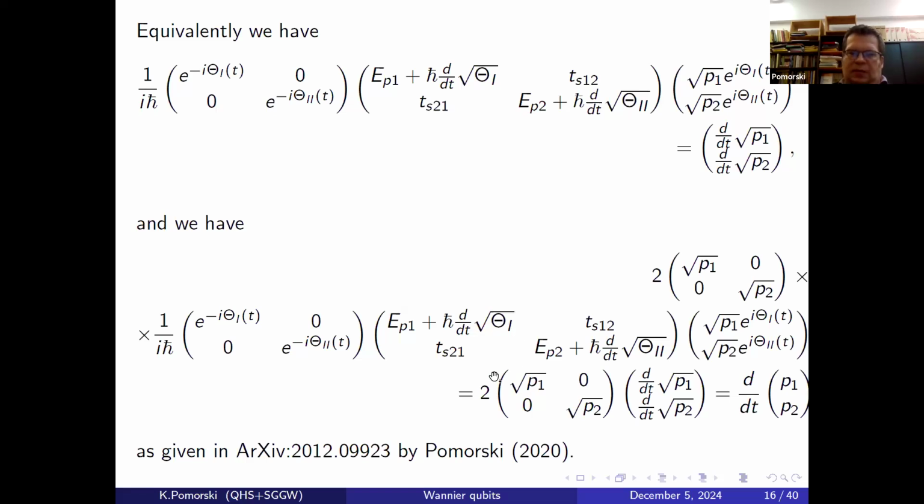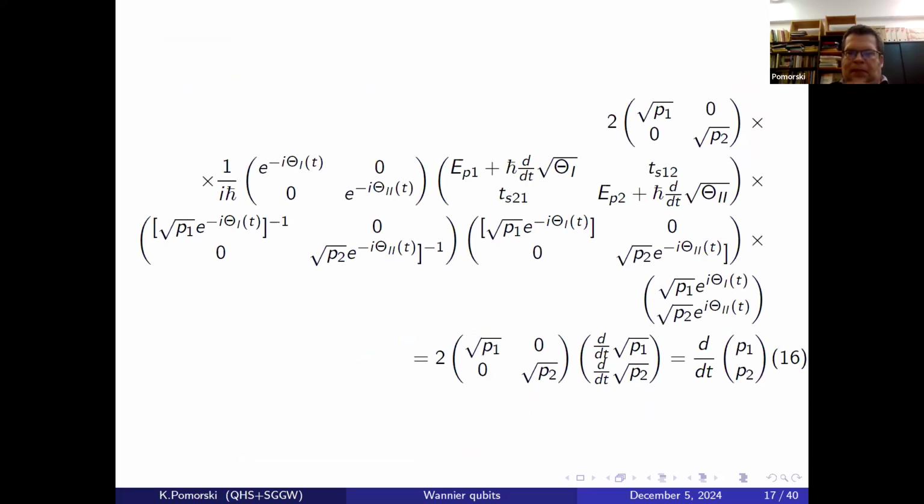Maybe I will not describe it in detail because it's quite lengthy and technical, but still it's doable. I think it's a nice exercise for a student to execute.